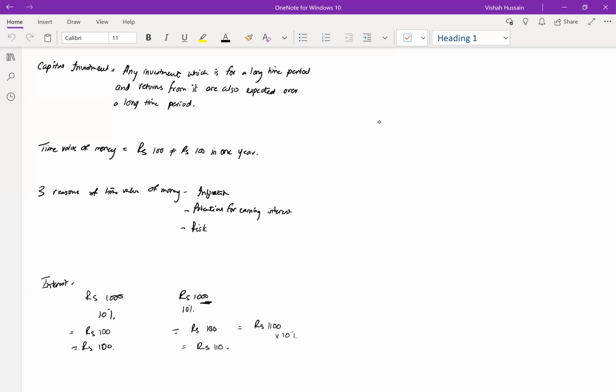So if an investor is willing to take high risk, then only he'll be willing to take high returns, because high risk, high returns. So if a person is willing to take high risk, he'll get high returns. But if a person is willing to take low risks, he cannot get high returns. He'll have to settle for lower returns only.